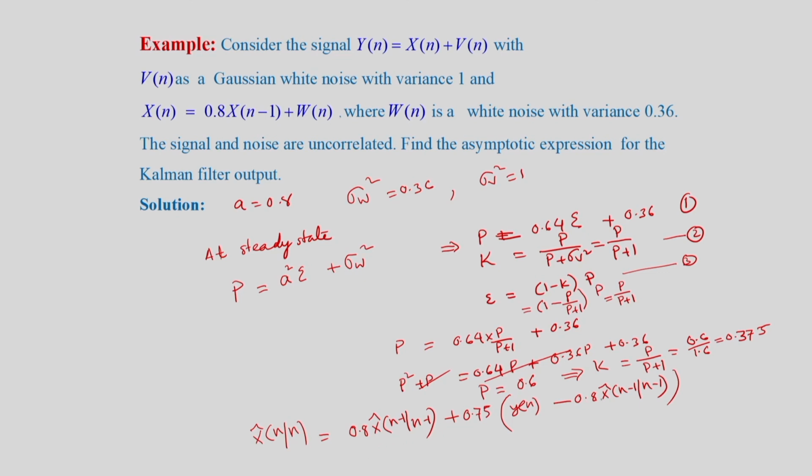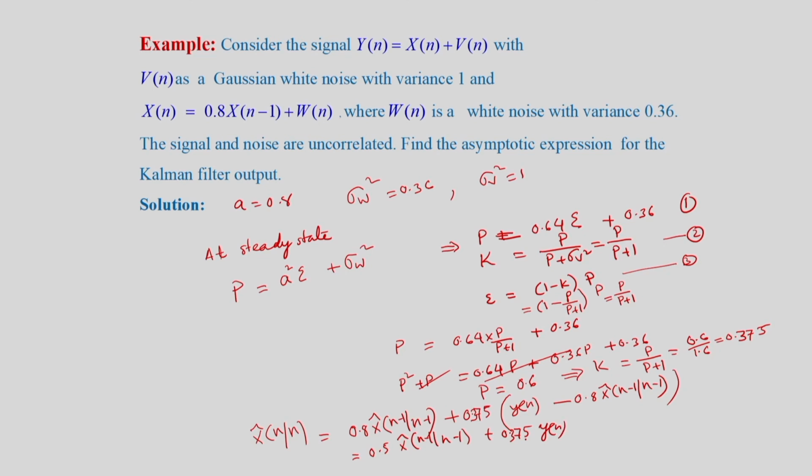So, that way this part we can combine. If we combine, this is 0.8, this one will be 0.8 times 0.375 here, and if I add both I will get 0.5. So 0.5 into x hat of n minus 1 given n minus 1 plus 0.375 into y n.